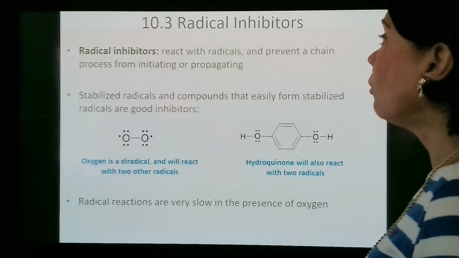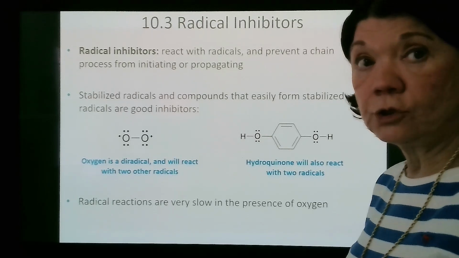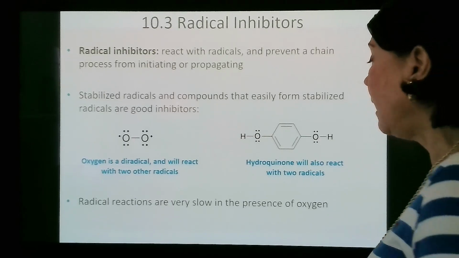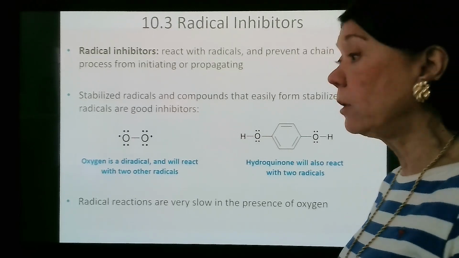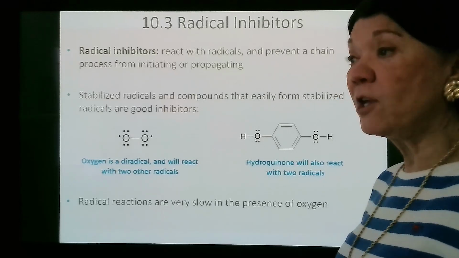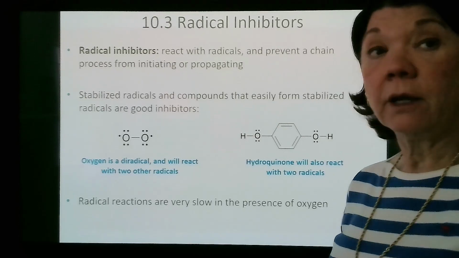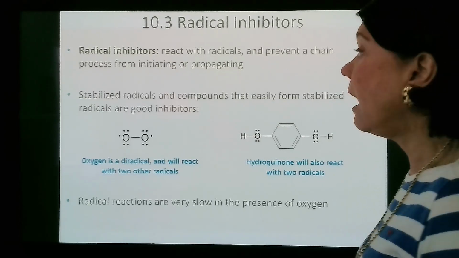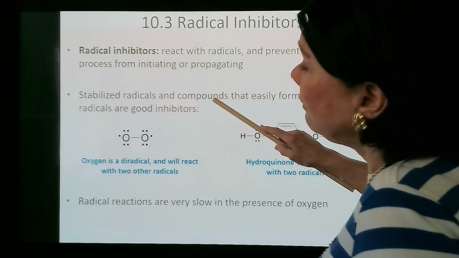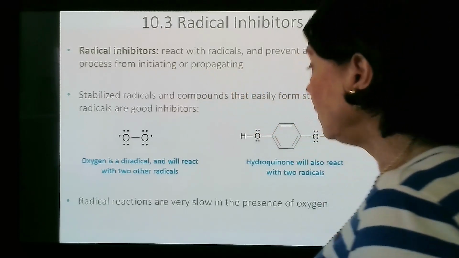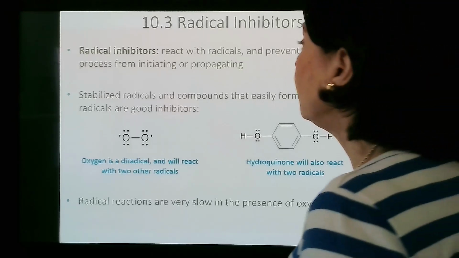You can also have radical inhibitors if you don't want a radical reaction to take place. And so, a lot of times people will wrap their flask in aluminum foil to keep light out. And if you add a radical inhibitor, then you also have to worry about getting it out of the reaction because it becomes an impurity.